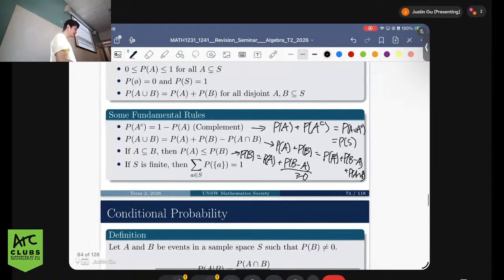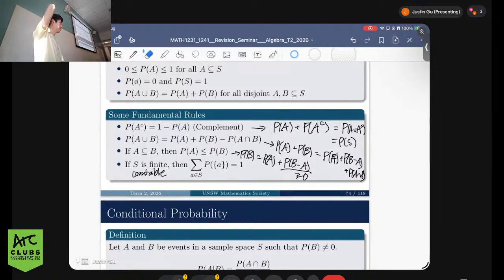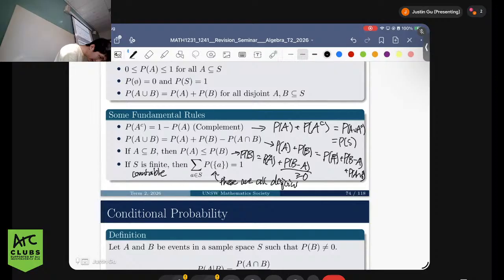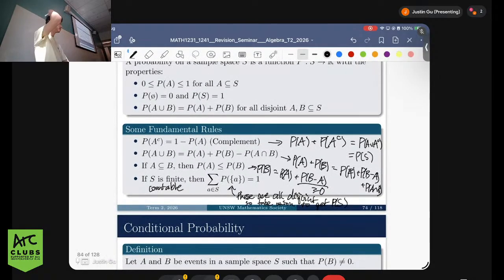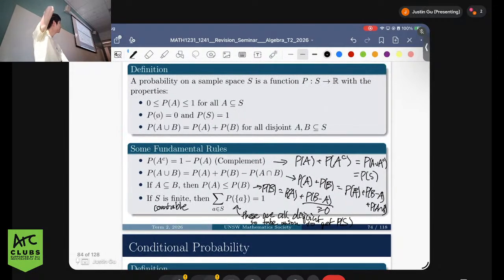In fact, you can extend this to say that if S is countable, so that includes countably infinite, you get that the sum of probabilities is also 1, because these are all disjoint, so you take the union to get S. Sorry, does anyone want me to go over anything in more detail?